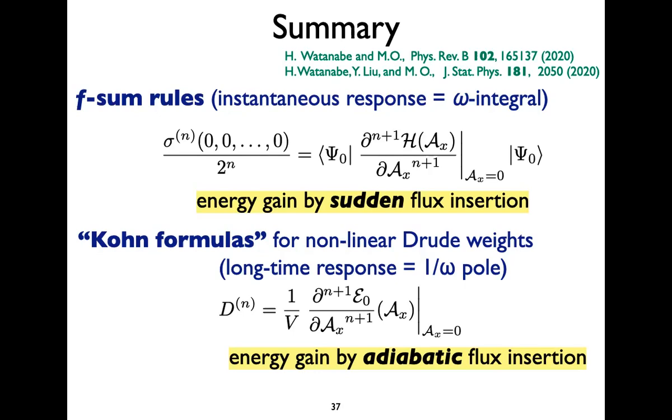I don't know enough yet to really answer your question, but as far as we see from some concrete models, this divergent higher order Drude weight does not really mean diverging current. For example, we can do real-time simulation, and in real time the current may be increasing or decreasing, but this diverging Drude weight does not really mean that.